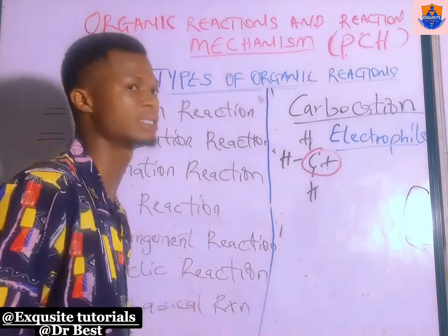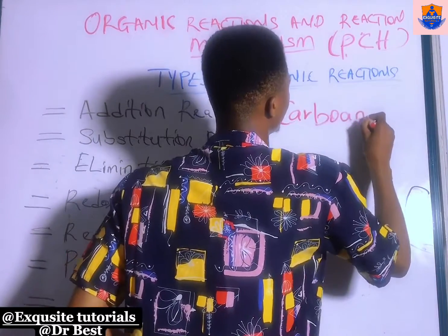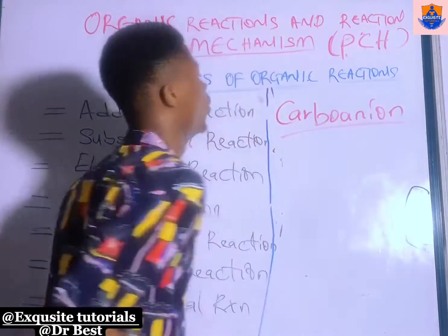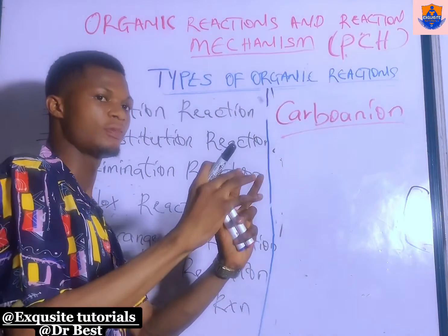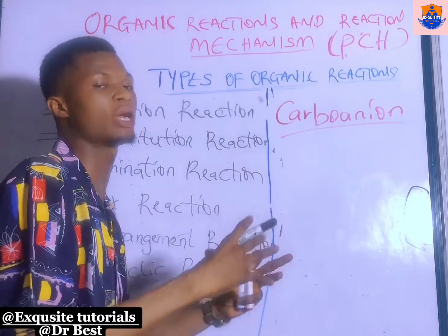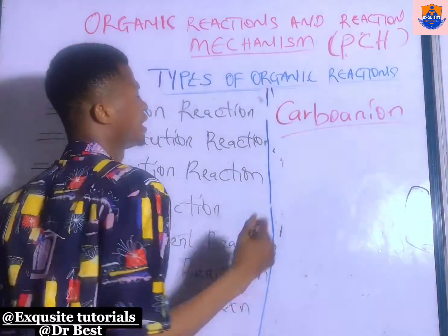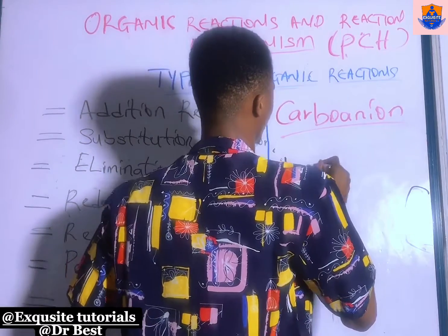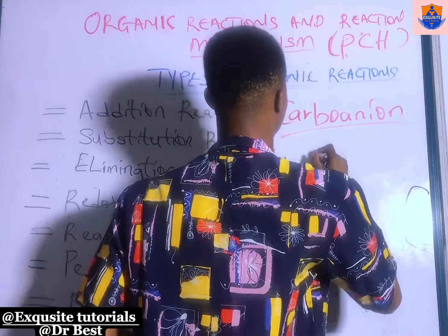Now let's look at the next thing, carbanion. We just looked at carbocation as a positive center, or a molecule that has a carbon that is positively charged. Now a carbanion is the opposite. It's just the direct opposite of a carbocation.